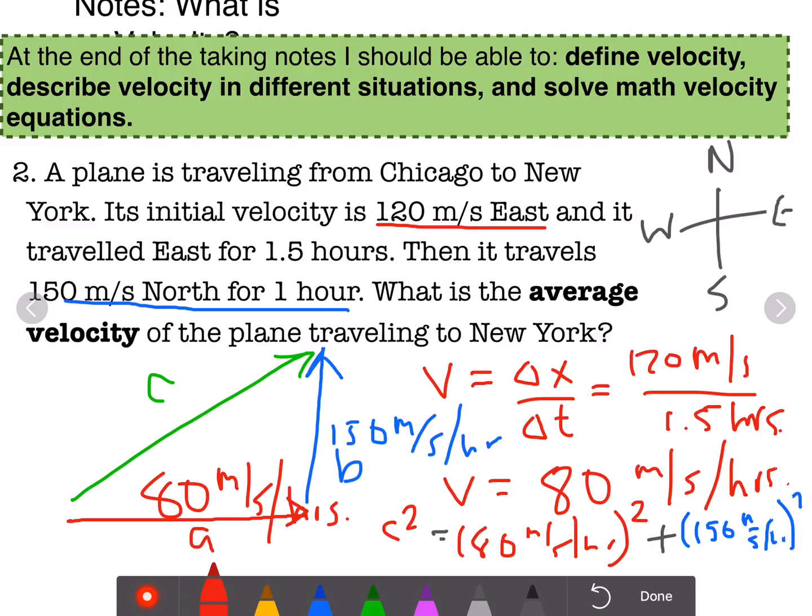I add those two together, and then I take the square root. I get 234. C is equal to 234. Now, if you need some help with this, I totally get it, and I'll help you out when we have Pythagorean theorem problems.